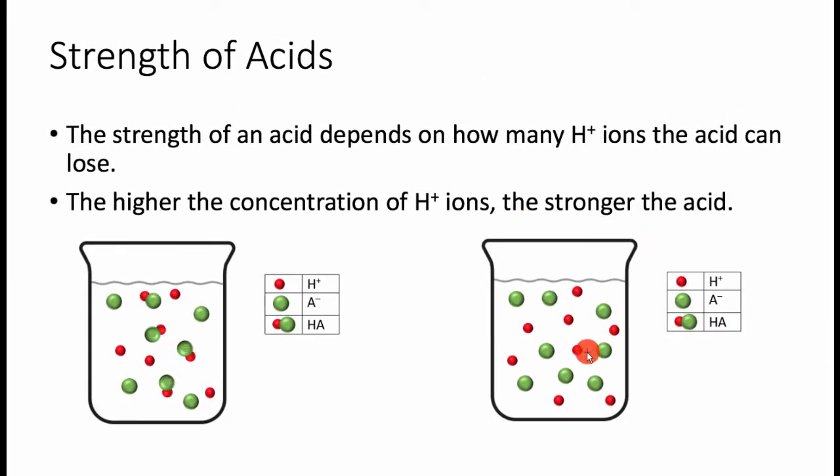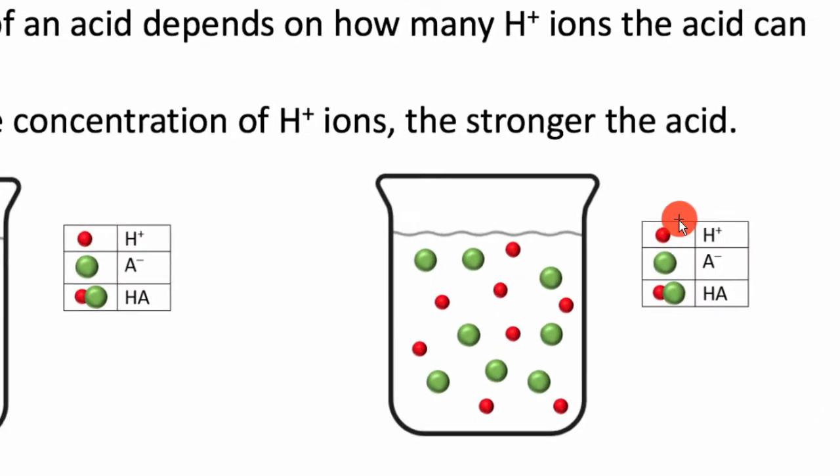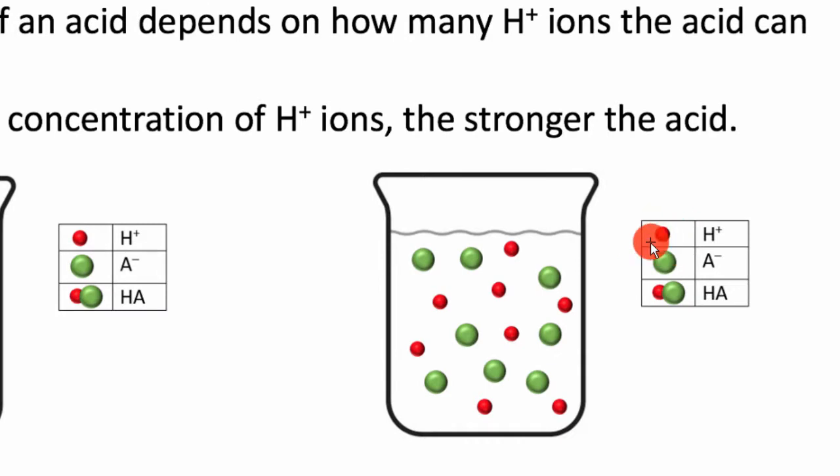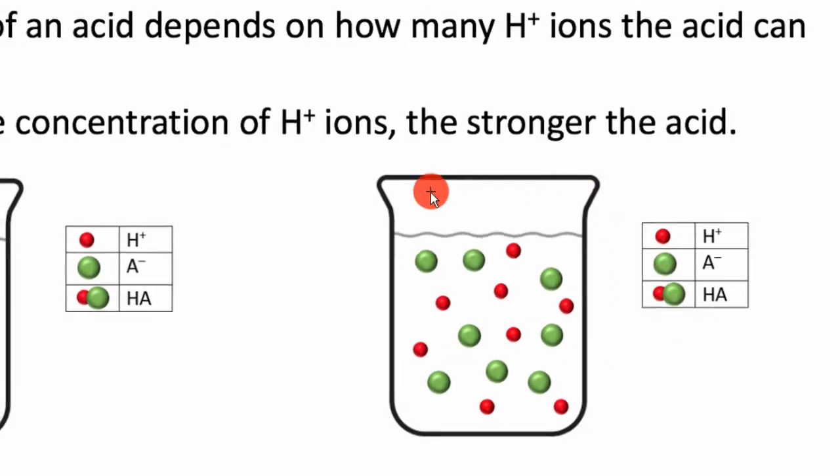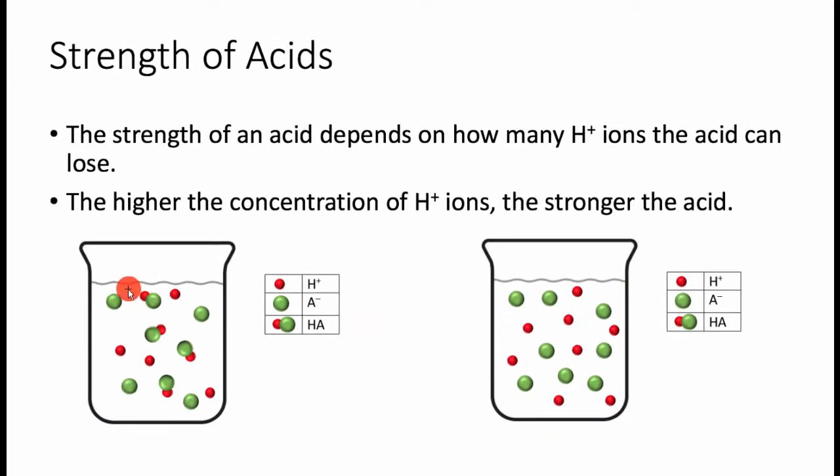Now, if we contrast that to the acid on the right-hand side, this acid is dissociating completely into ions. We get almost all ions and, in this case, no molecular species whatsoever. So we would say that this acid is a lot stronger than the acid on the left-hand side because it has a higher concentration of hydrogen ions by itself, not in the molecular form.